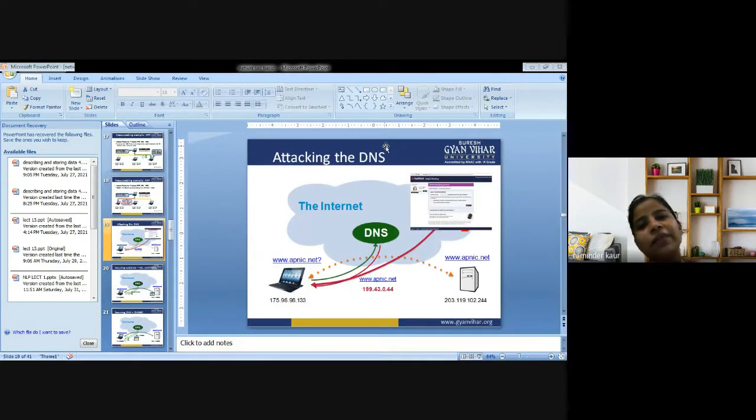Attacking the domain name server is a very common attack. Domain name server, www.apnic.net. This is the information, and this is where it happens, between the server and the client. So this is the internet where all the thefts are happening.